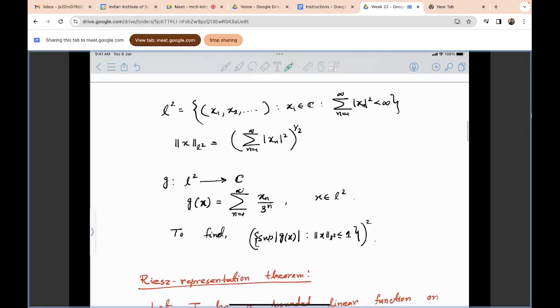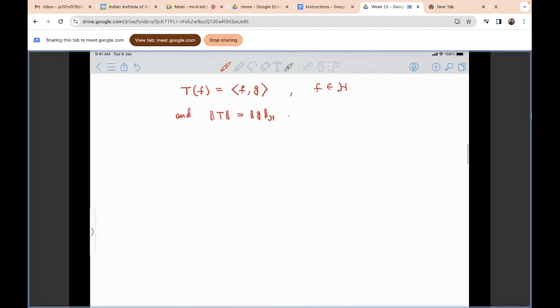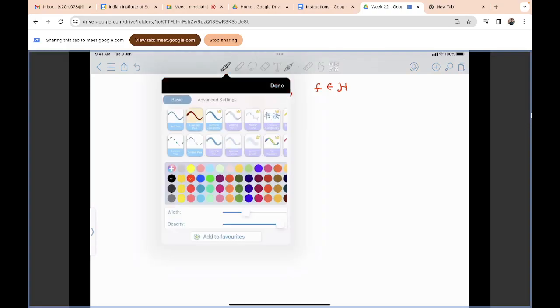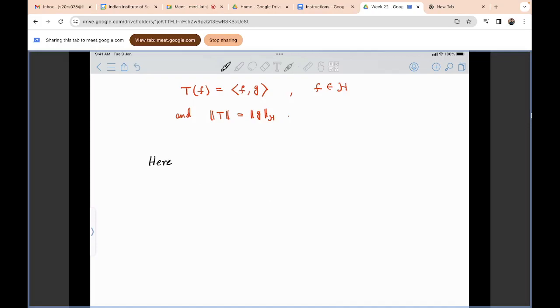So here, as L2 is a Hilbert space and this is a bounded linear functional, it will be given by the inner product with some element in L2. Let's see what. What is the inner product on L2?